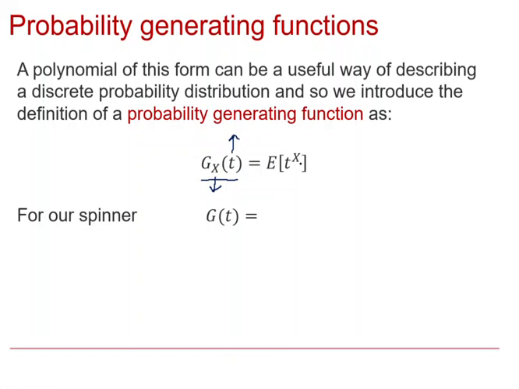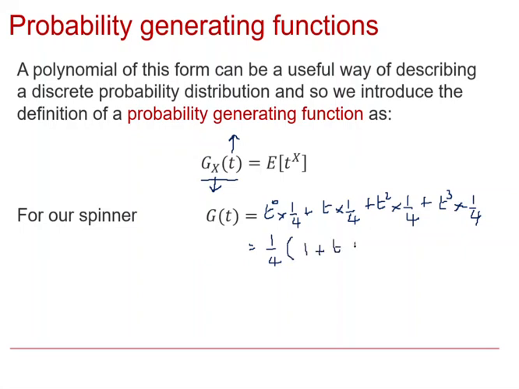So for our spinner, if we do t to the 0 multiplied by the probability of 0, t to the 1 multiplied by the probability of 1, t squared multiplied by the probability of 2, t cubed multiplied by the probability of getting 3, this would give us a function in terms of t as 1 plus t plus t squared plus t cubed divided by 4, or a quarter multiplied by that.